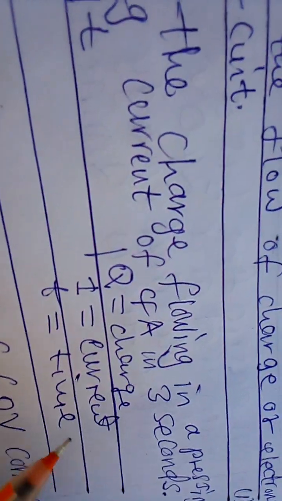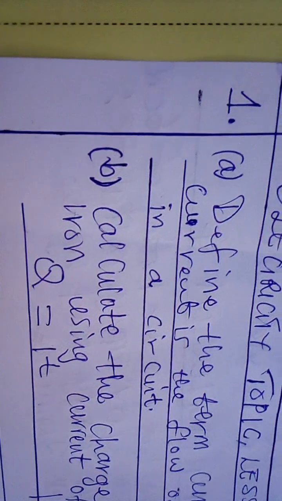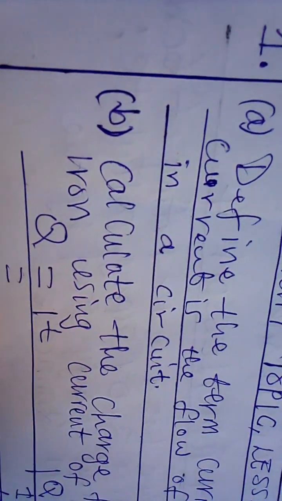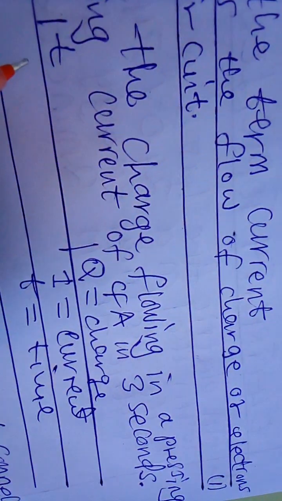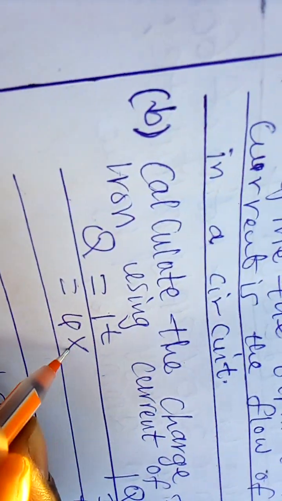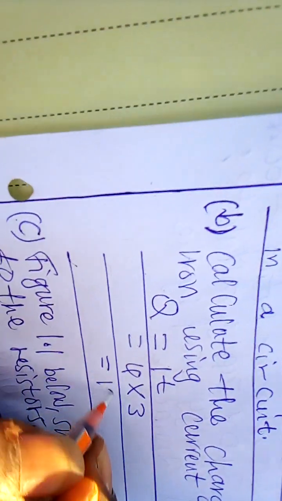So I have described the symbols which are used. Let's now finish calculating. Charge is equals to current times time. What is our current? We are given a current of 4, so we write 4 times our time, which is given as 3 seconds. 4 times 3, the answer is 12.